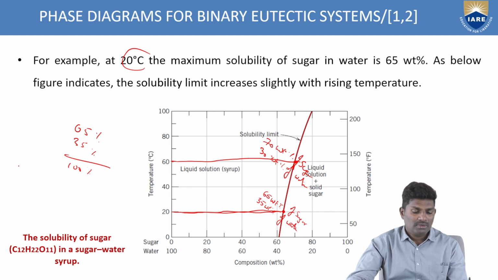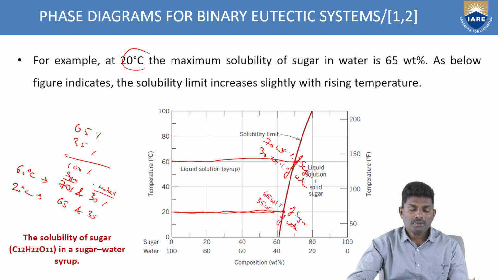So at 60 degrees centigrade, I have the composition of 70 and 30. At 20 degrees centigrade, I have 65 and 35. This is about the sugar and this water. So like that, at different temperatures, we can get the compositions of the sugar as well as the water.